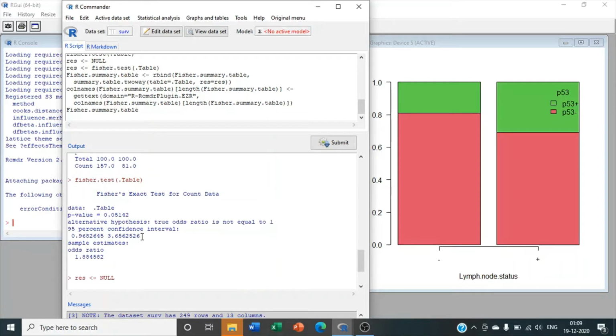However, there is another point we see from the confidence interval. This upper limit of the confidence interval is quite high, 3.65. Usually, an odds ratio of 2 is considered to have a moderate effect size. The upper confidence interval is greater than 2.